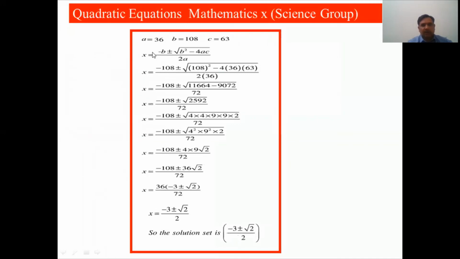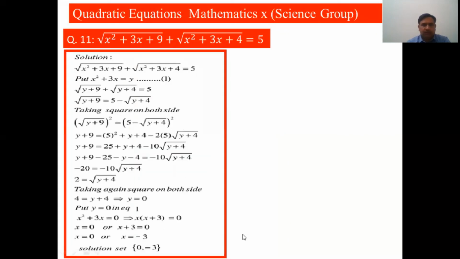The quadratic formula is x is equal to minus b plus minus square root of b square minus 4ac over 2a. After replacing the values of a, b, and c, and after simplification, we have x is equal to minus 3 plus minus square root of 2 divided by 2. So the solution set is minus 3 plus minus square root of 2 divided by 2.